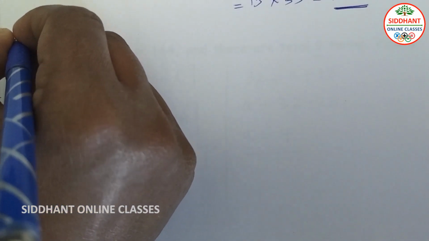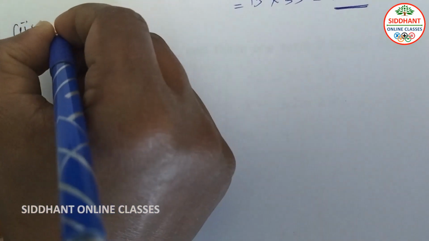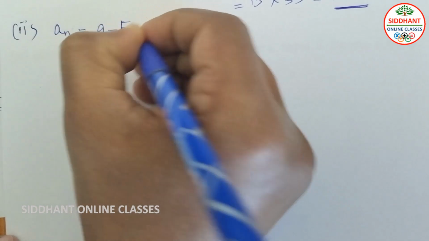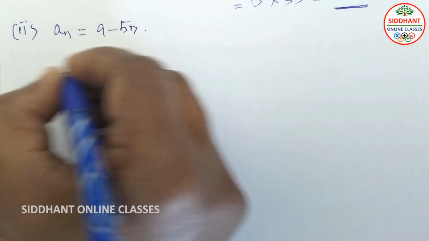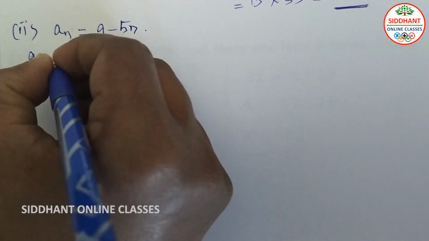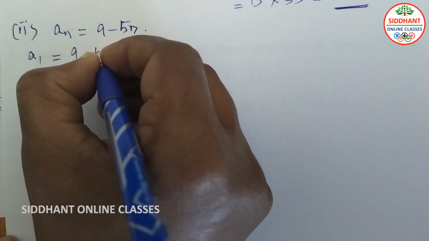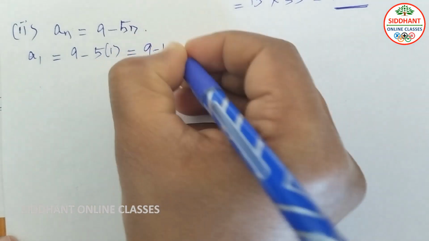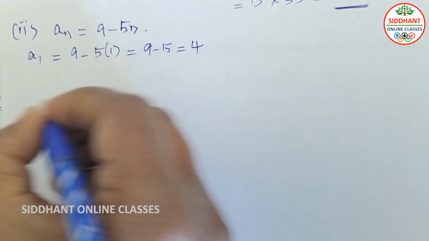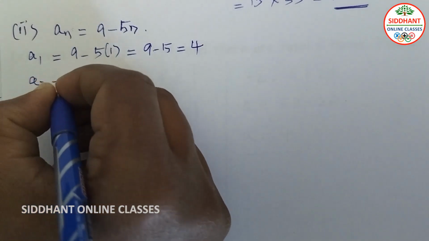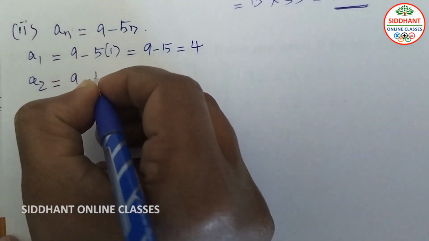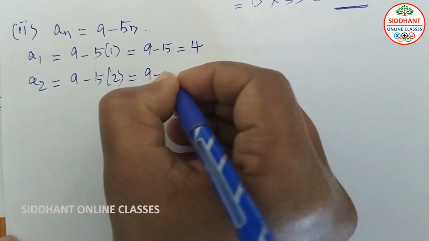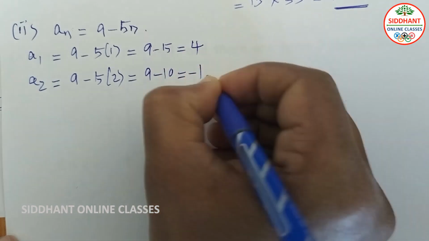Now the second one, which is given an equals 9 minus 5n. So first we are going to find a1, a2. a1 is 9 minus 5 into 1, so that equals 9 minus 5, that equals 4. a2 equals 9 minus 5 into 2, 9 minus 10, that equals minus 1.